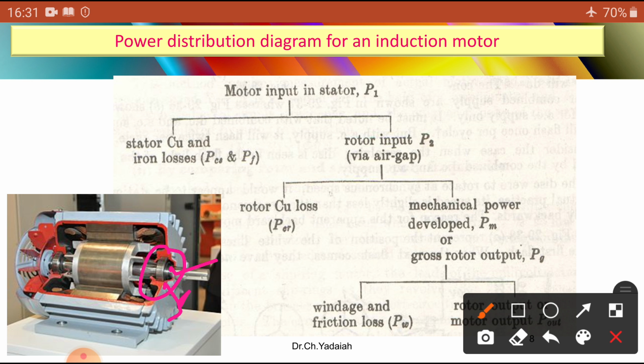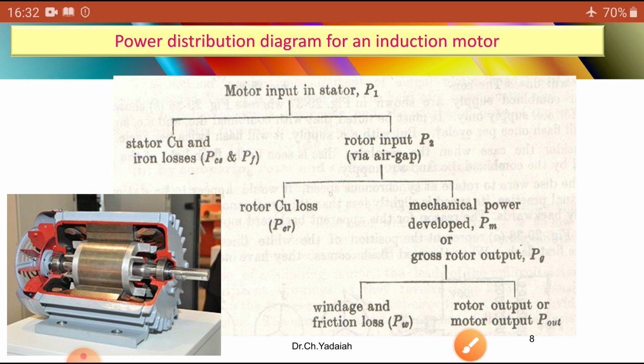At the same time, to reduce the copper losses we use very low resistance copper conductors. These are the step by step losses occurring in the machine, and I think you got some idea. So finally we conclude what is going to occur.